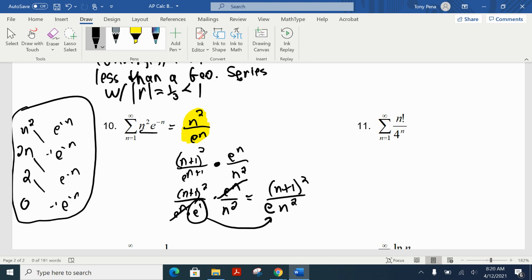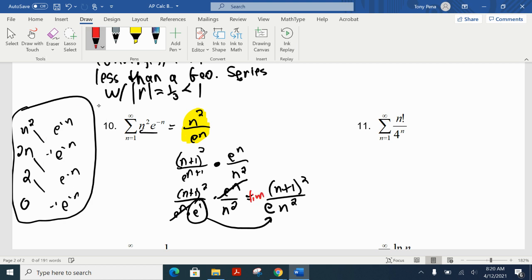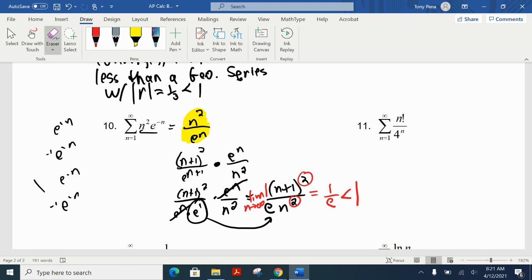So now if we take the limit as n goes to infinity, same degrees, so we look at their coefficients. The numerator has a coefficient of 1, and the denominator has a coefficient of e, so the limit is 1 over e. That is less than 1, and by the ratio test, that means that we converge.